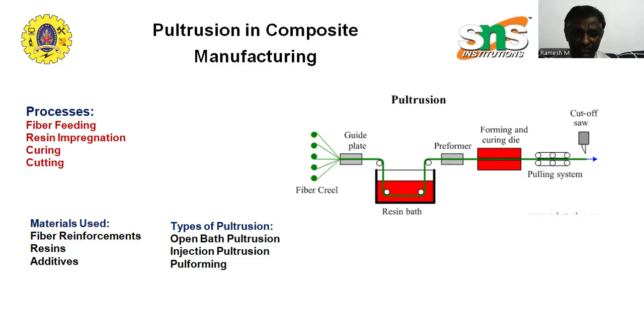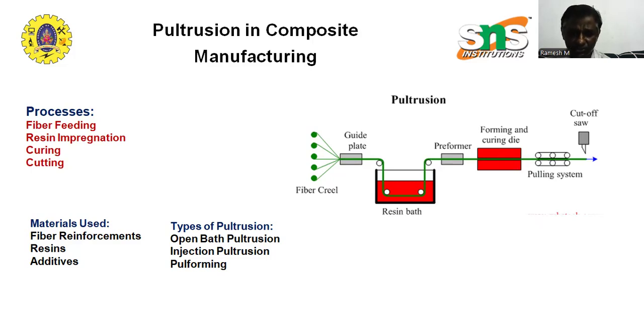The word pultrusion is derived from pull and extrusion. The feature is pulling fibers through a resin bath and a heated die to form strong, lightweight, and corrosion resistant structural components.